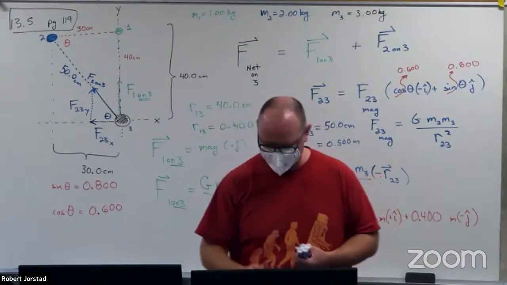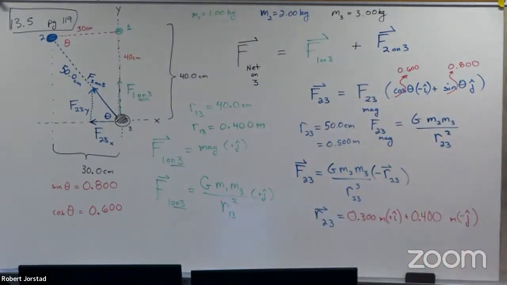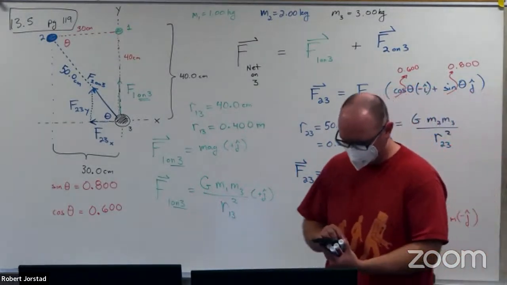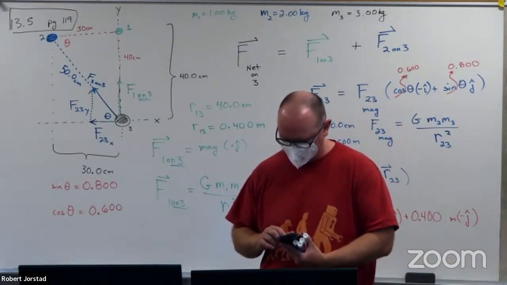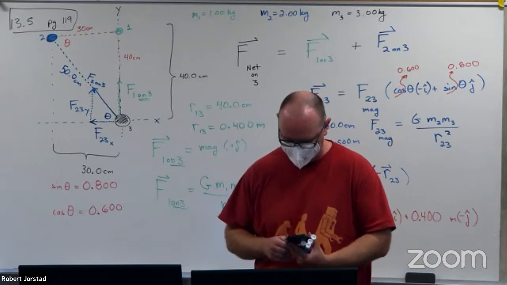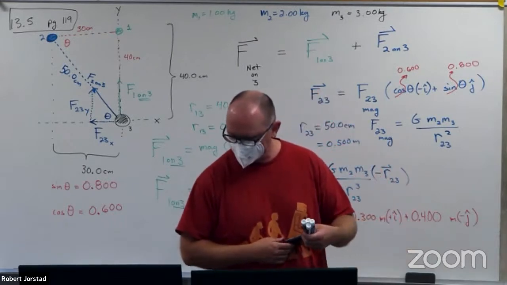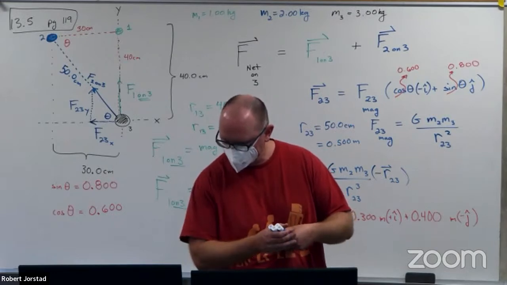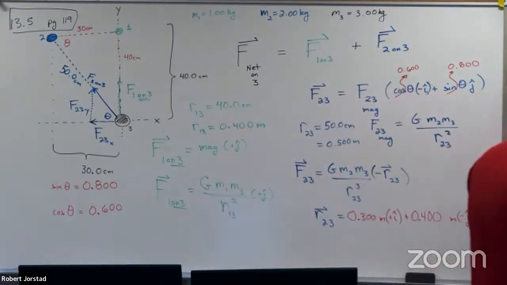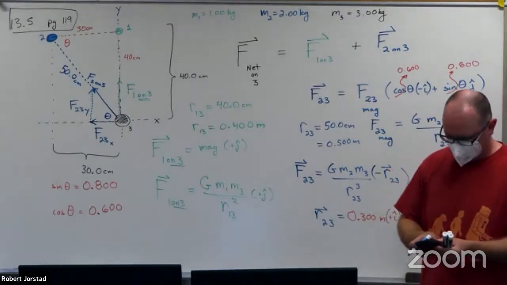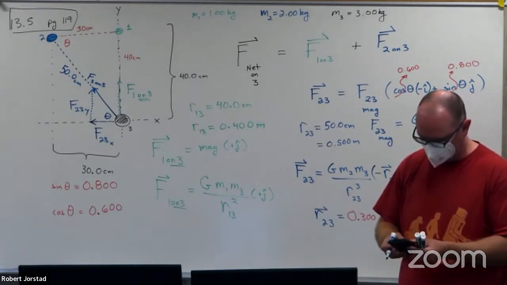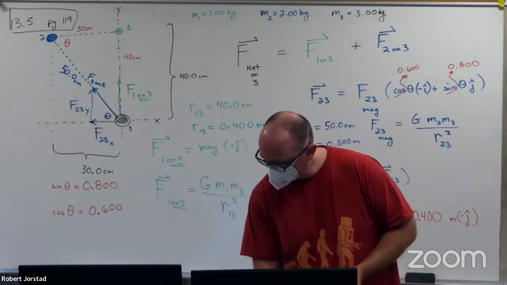Crap. I got to punch in some numbers too. 0.6. 0.6. 0.96. I can be sloppy with 6 figs. 28, is that right?